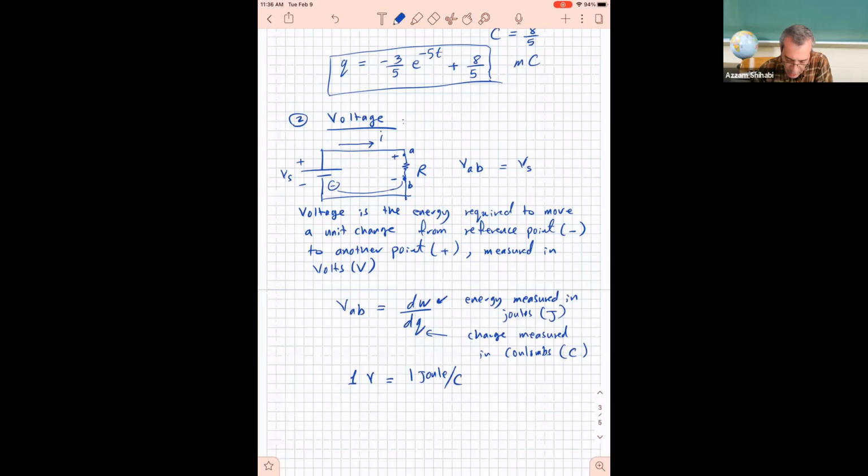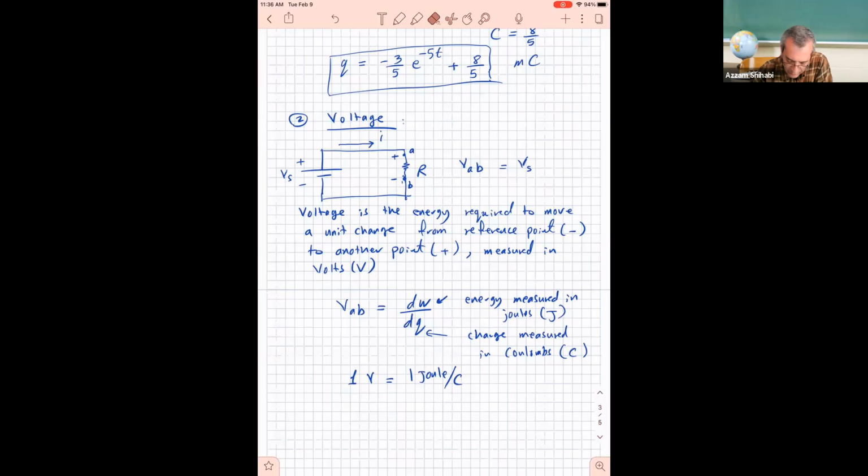So yes, in general, guys, later on, we're going to use the passive sign convention. We're not going to talk about flow of electrons anymore. I just wanted to explain the definition of the voltage. The voltage source, the battery in this case, is going to give us a current. The current is going to flow through the resistor.